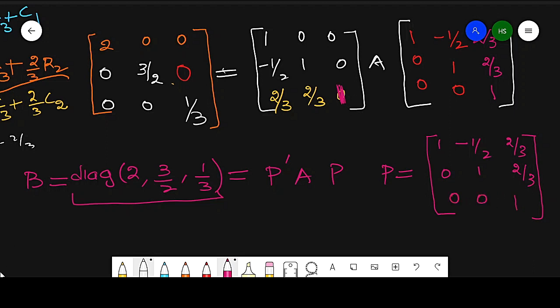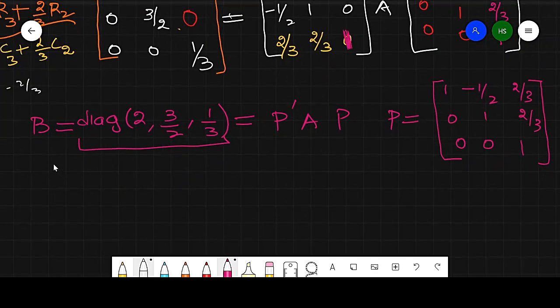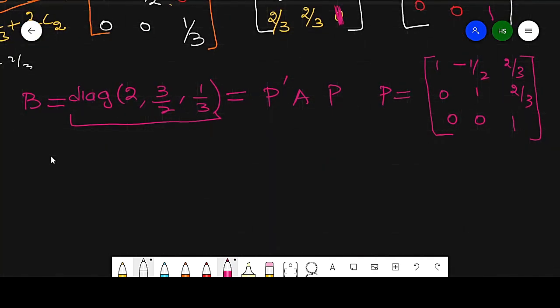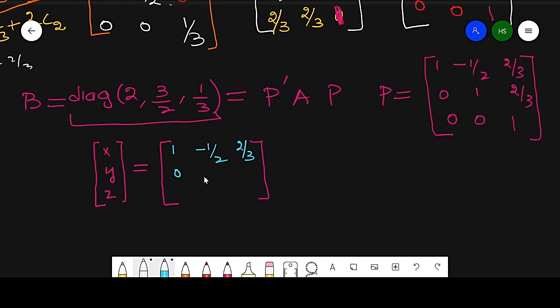So what is the new transformation? The new transformation, x, y, z equals P matrix times x dash, y dash, z dash. So what is the P matrix? It is 1, minus 1 by 2 and 2 by 3, next is 0, 1, 2 by 3, and next is 0, 0, 1, and this is x, y, z.